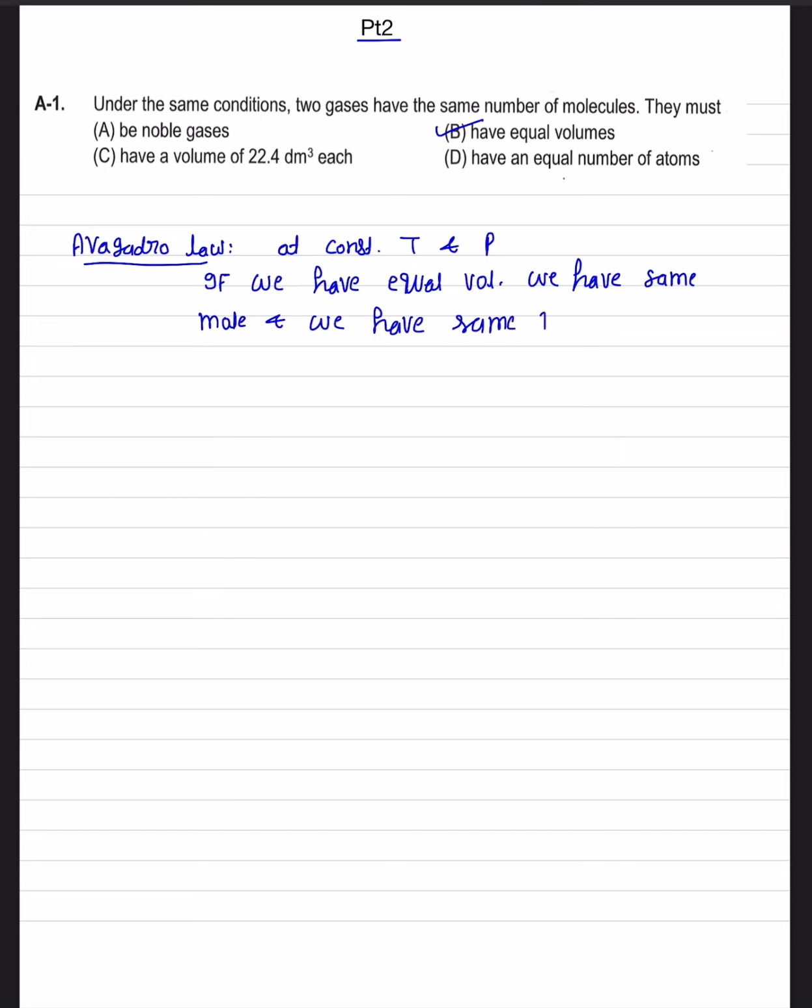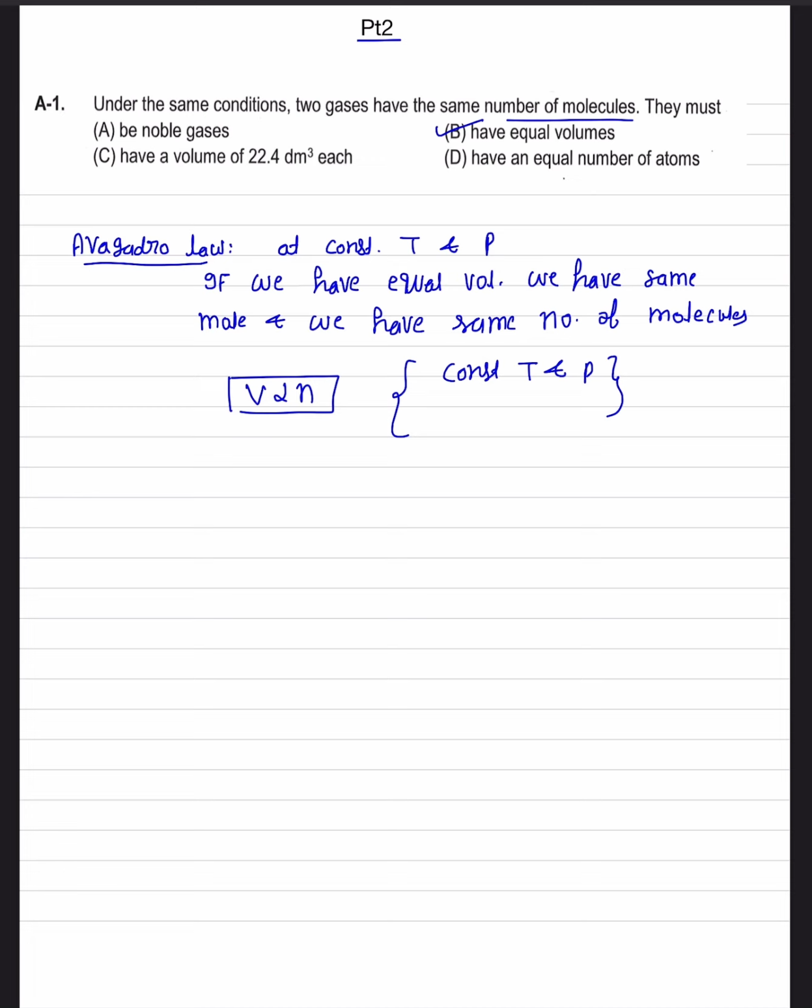In simple one line, you can say volume is directly proportional to mole at constant temperature and pressure.